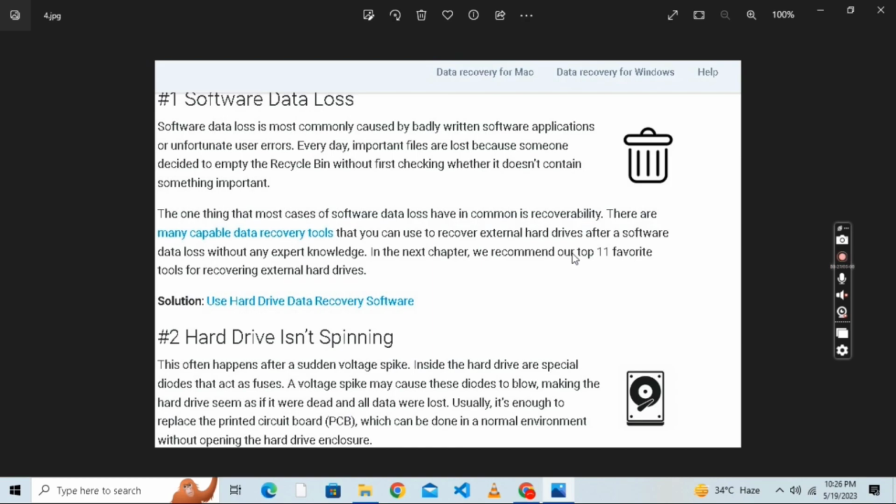Solution: hard drive data recovery software. Use this software. Hard drive is not spinning. This often happens after a sudden voltage spike. Inside the hard drive are special diodes that act as fuses.